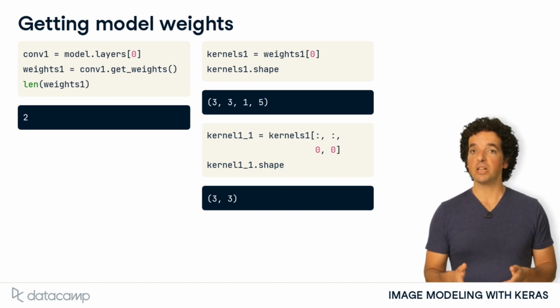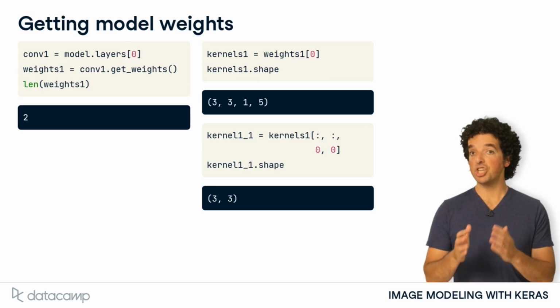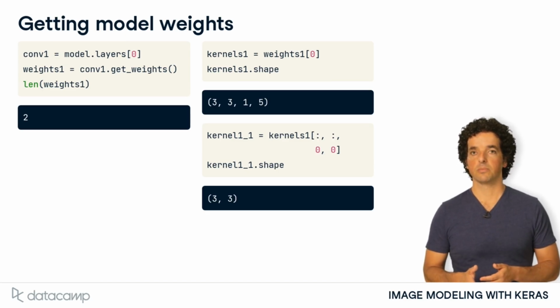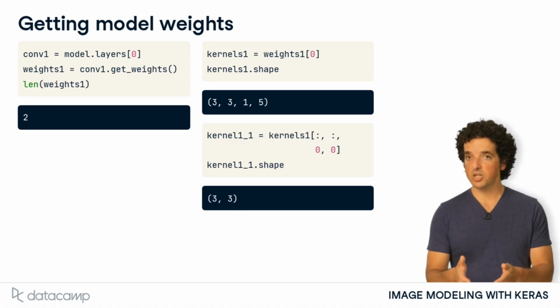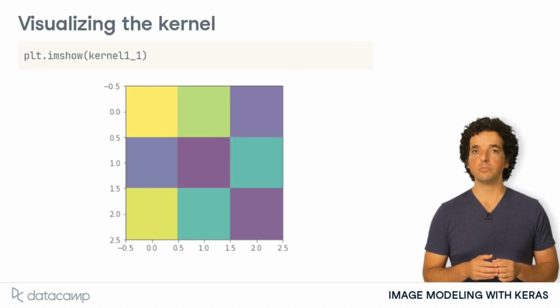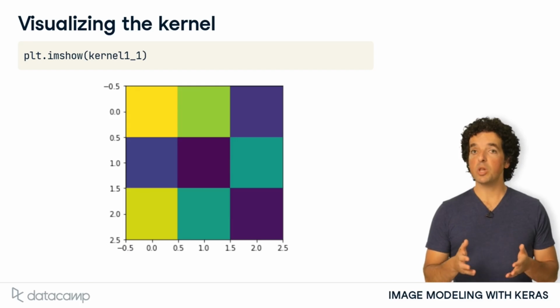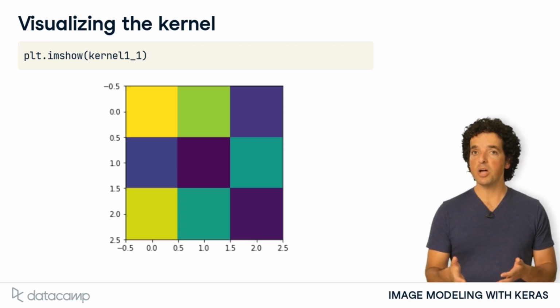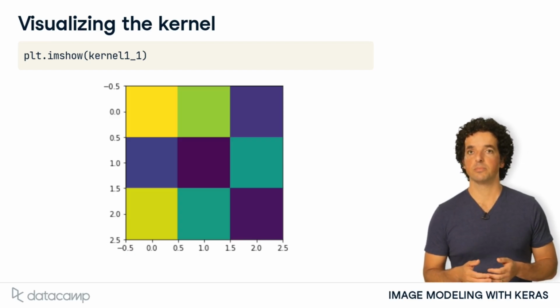Because there is only 1 channel, we can also index on the channel dimension to collapse that dimension. This would return the 3 by 3 array containing this convolutional kernel. We can then visualize this kernel directly, but understanding what kinds of features this kernel is responding to may be hard just from direct observation.